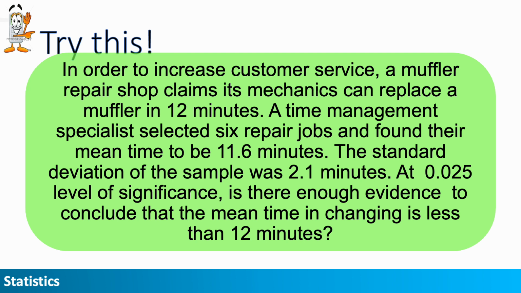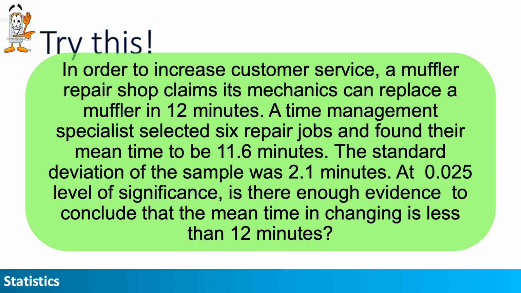Question says, is there enough evidence to conclude that the mean time in changing is less than 12 minutes? It's clear that the alternative hypothesis is only less than 12 minutes. That means our alternative hypothesis will be one-tailed.